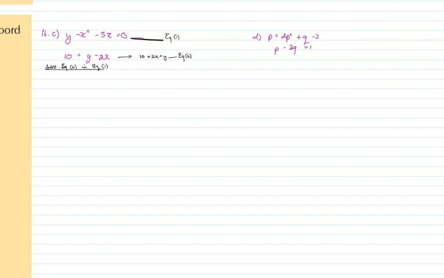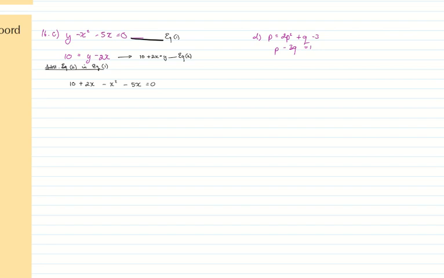Then we say everywhere where there's a y, I replace the y with 10 plus 2x. So that becomes 10 plus 2x minus x squared minus 5x equals to 0. Am I right?